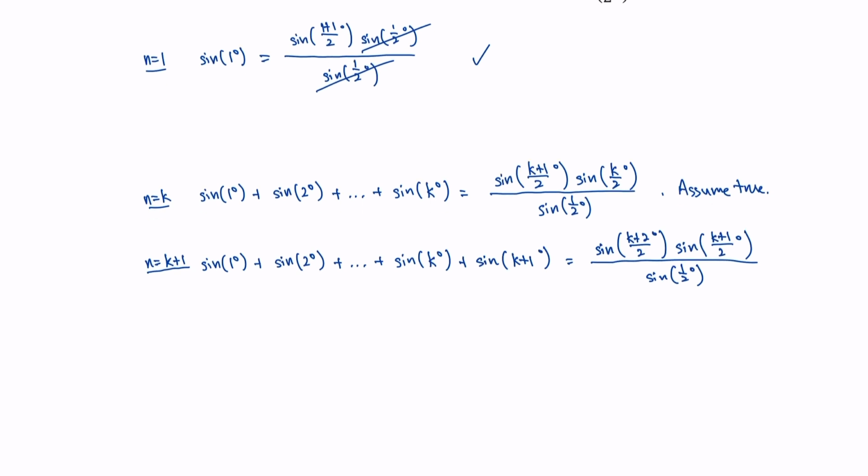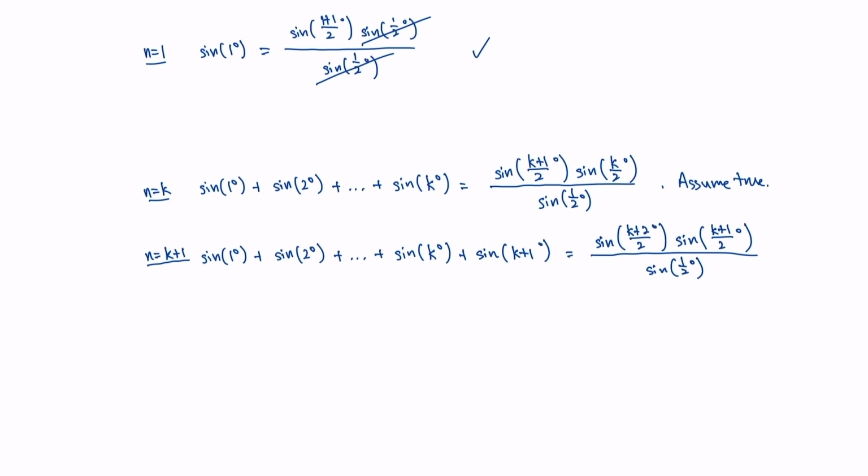So let's go from the left hand side. So we know this thing here is equal to, we can replace the sine of 1 degree, sine of 2 degrees, up to sine of k degrees.